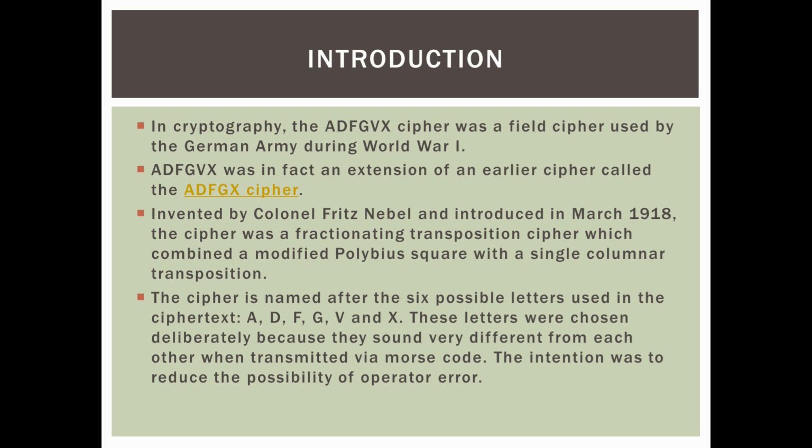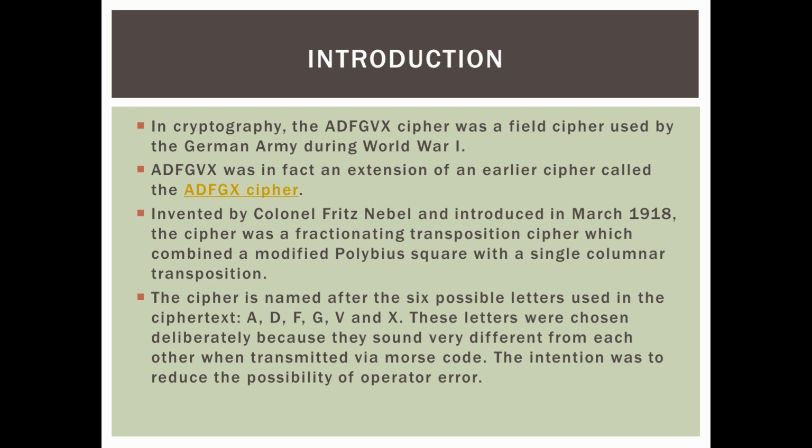The cipher was a fractionating transposition cipher which combined a modified Polybius square with a single columnar transposition. So this cipher was basically making use of some table or grid or matrix, you can say, for encrypting the plain text. And it was also making use of a technique called fractionating transposition cipher, which combined a modified Polybius square.